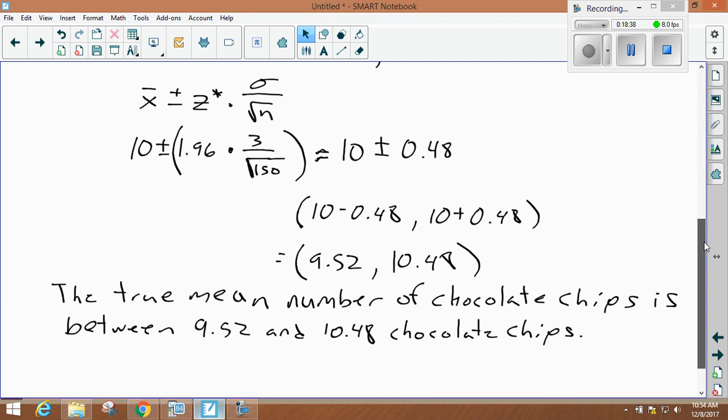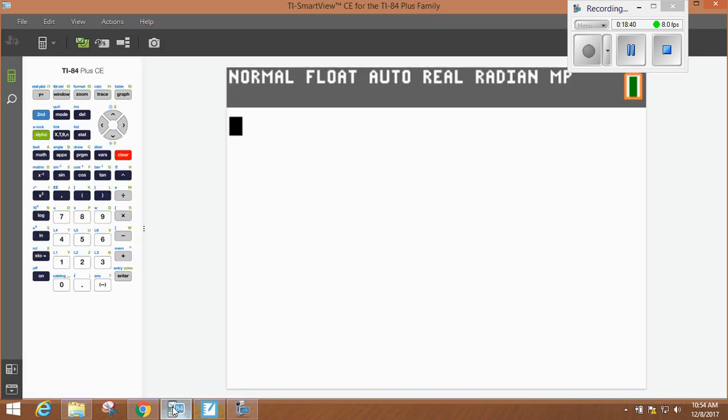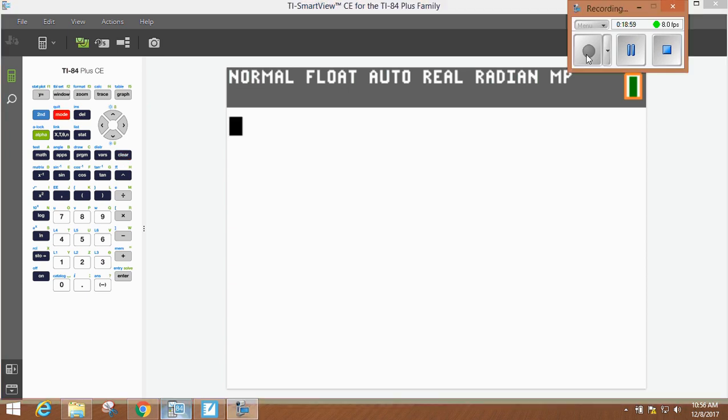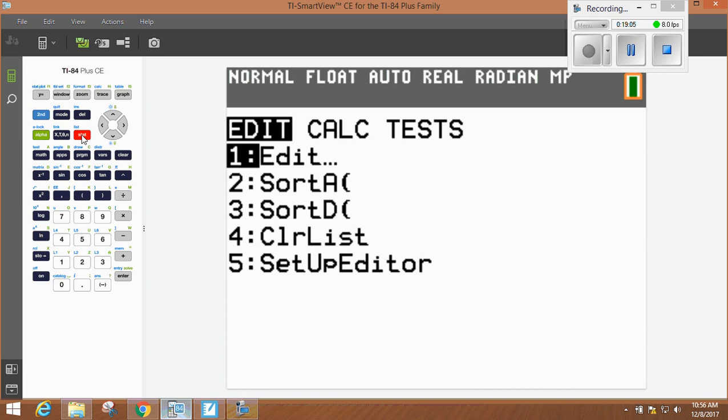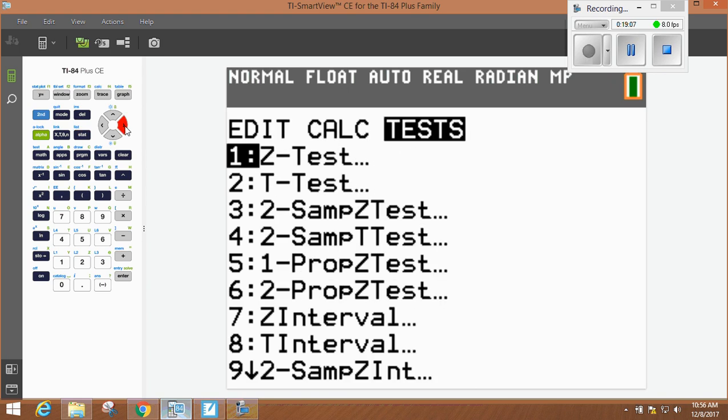So let's go ahead and use our calculator to calculate the same thing. Now that you've seen the formula, you know what the calculator is doing. Let's make the calculator do it. We are going to get out our handy-dandy calculators, go to stat, and go over to tests.